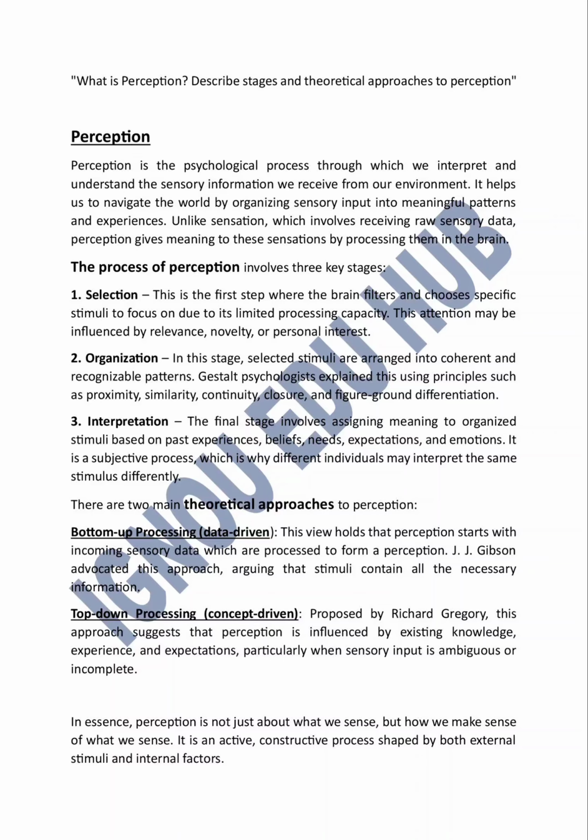It helps us to navigate the world by organizing sensory input into meaningful patterns and experiences. Unlike sensation, which involves receiving raw sensory data, perception gives meaning to these sensations by processing them in the brain.